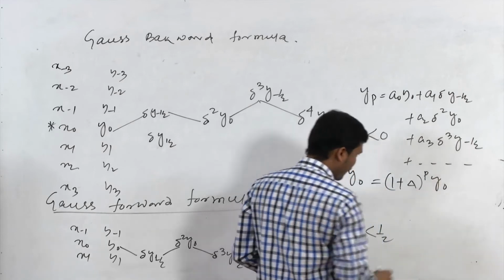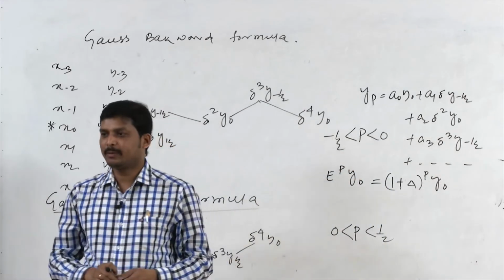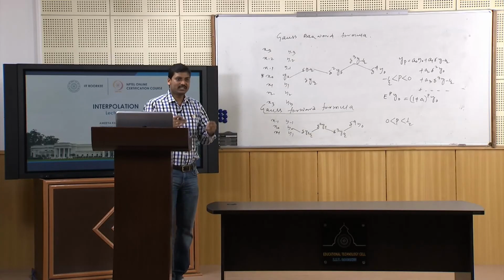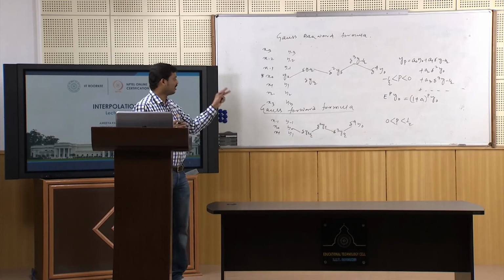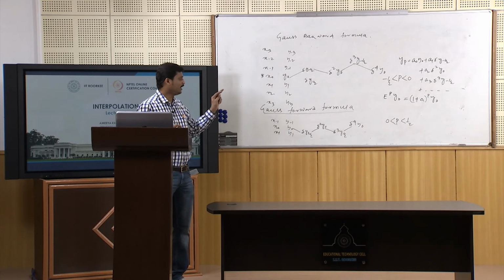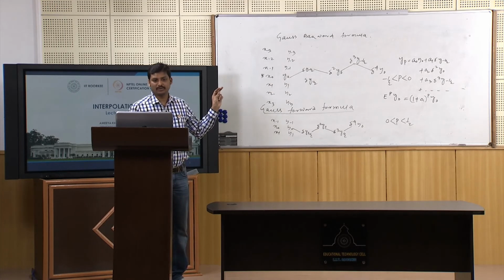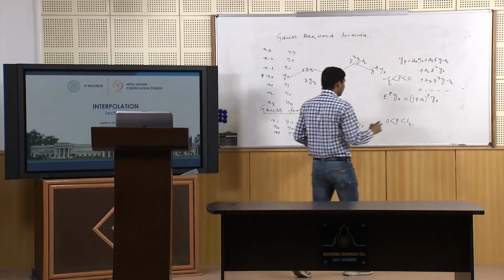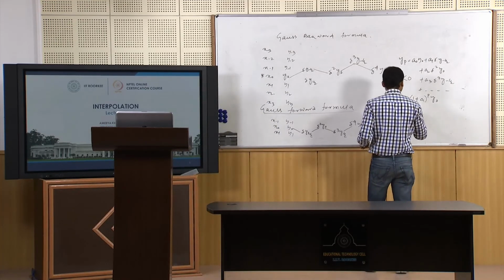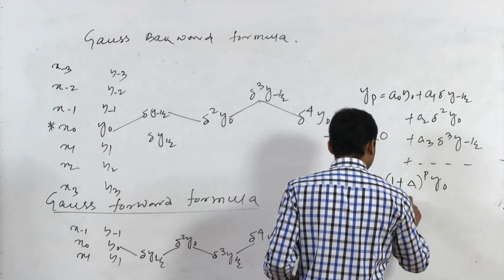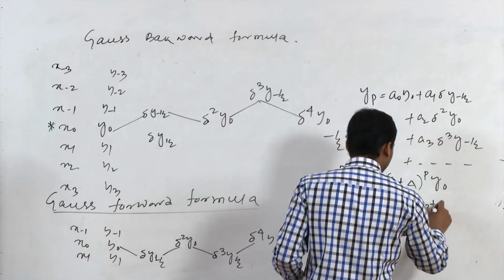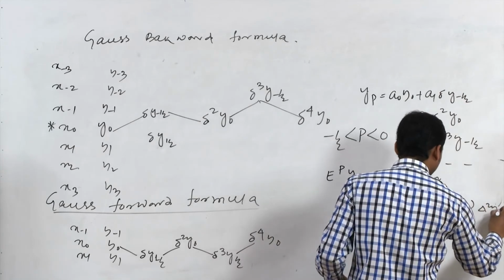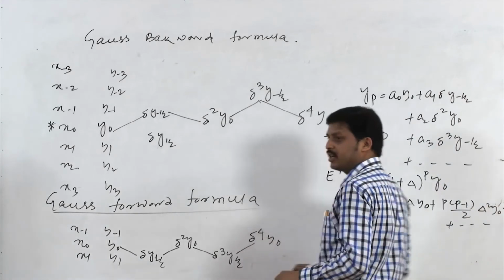If we expand these in terms of delta, and express them in the form of central difference operators, we can find all the other coefficients. Using this operator, we can write y0 plus p delta y0, plus p into p minus 1 by factorial 2 del square y0, and so on.